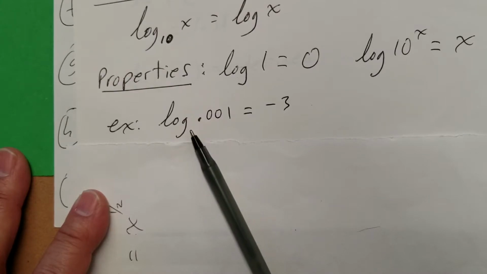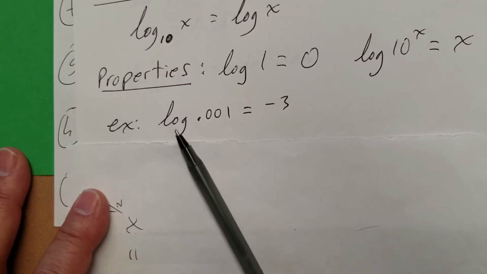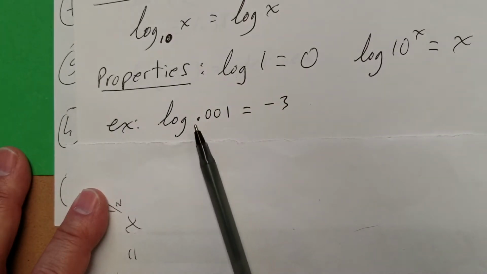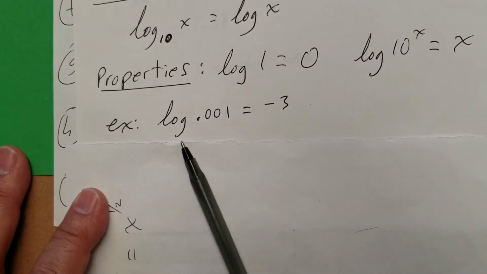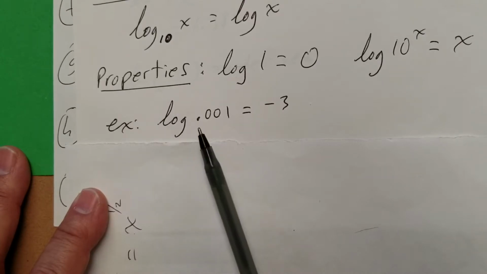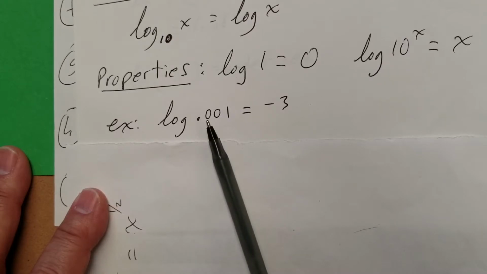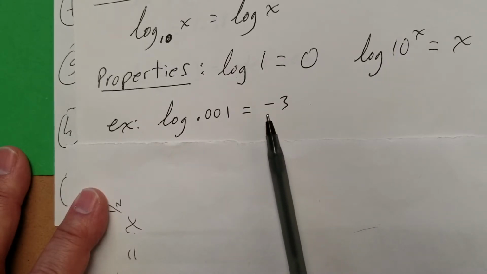So you can use the calculator. The calculator has the common log button. It doesn't have other bases, but it has base 10. The log button on your calculator is understood to be base 10. So all you got to do is hit log. 10 to what power gives you 0.001? Well, you got to move the decimal over 3 places, so it's -3.